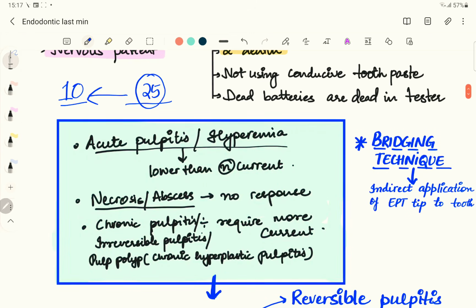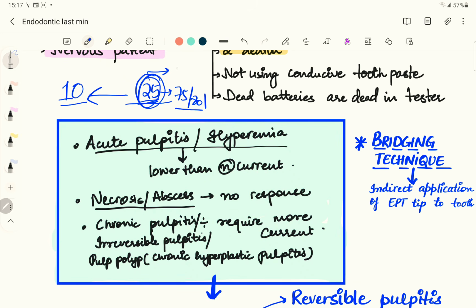If the tooth is not showing pain at all, even if you have increased up to 75, say 80, then the patient is not showing any painful response, that means the EPT test is negative, the tooth is necrosed, or the tooth can have an abscess. In case it shows a higher current value, say in a control tooth the value is 25.